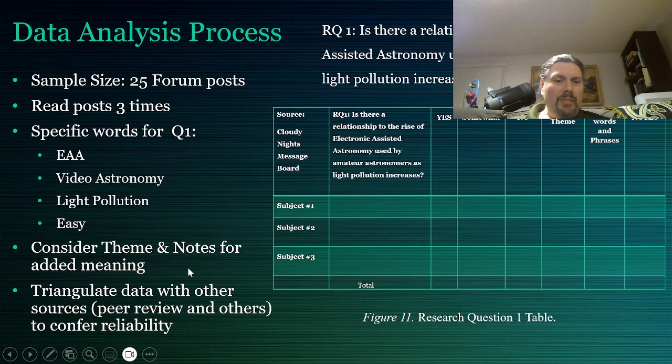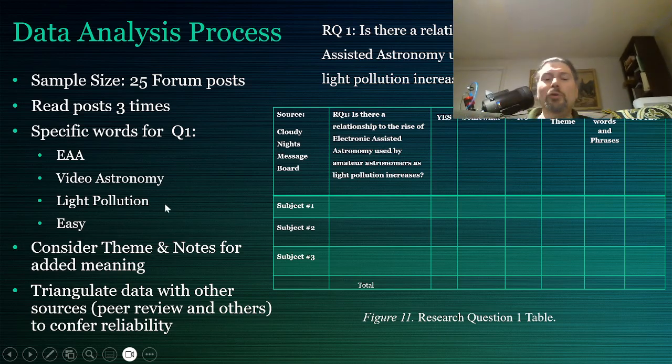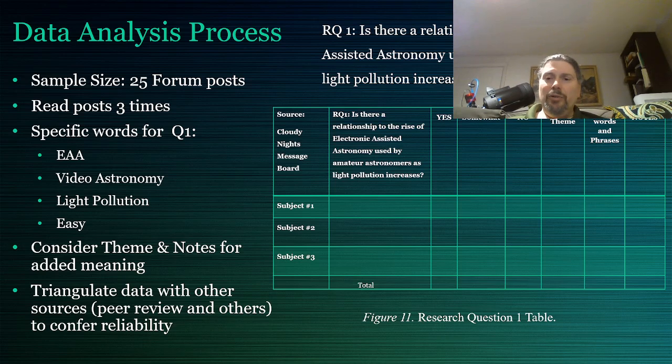Also, we look at the overall theme. We'll write some notes on that, and just some general notes of the whole to give us context. So basically, these keywords are what lead us to the posts, and we look at the notes and the overall theme to be able to understand how we want to code it.